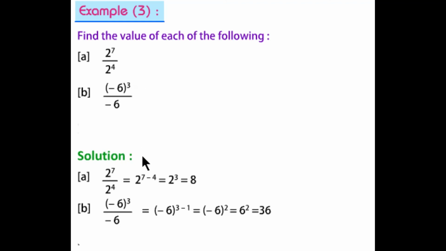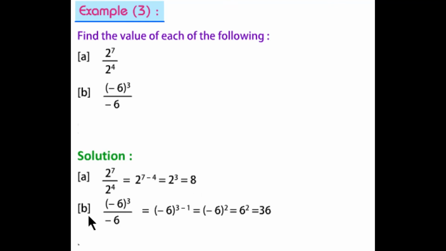Solution: 2 to the power 7 divided by 2 to the power 4 equals, the same base and division, write one base 2, and 7 minus 4 equals 3. 2 to the power 3 equals 2 times itself, equals 8.